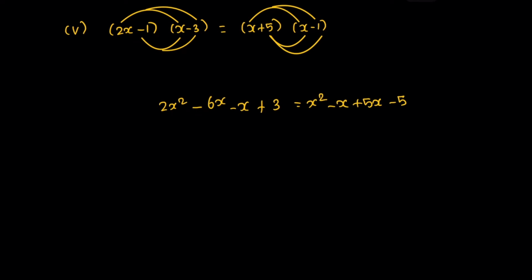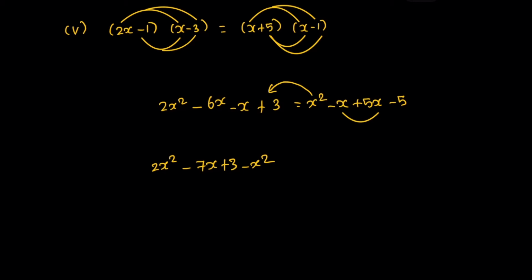So simplify like terms first, then move to the other side. So 2x square minus 7x plus 3, then this one is moving here, minus x square minus x plus 5, that is equal to 0.